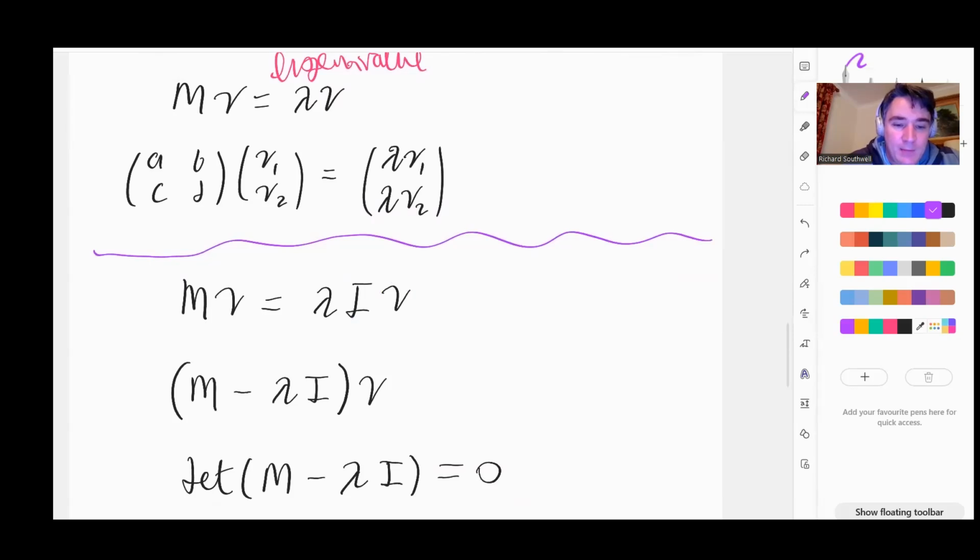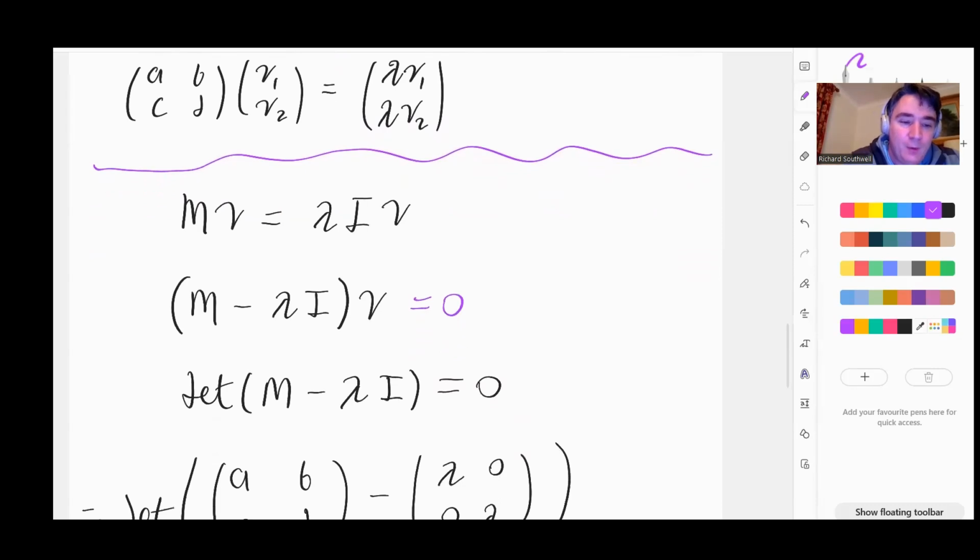And so we can rearrange it to say that this should equal 0. So what we have here is a matrix, and this matrix is multiplied by this non-zero vector, and we end up getting 0. Now, I don't want to get into too much theory, but basically this implies that the determinant of this matrix has to equal 0. And so that gives us an equation that we can solve for lambda.